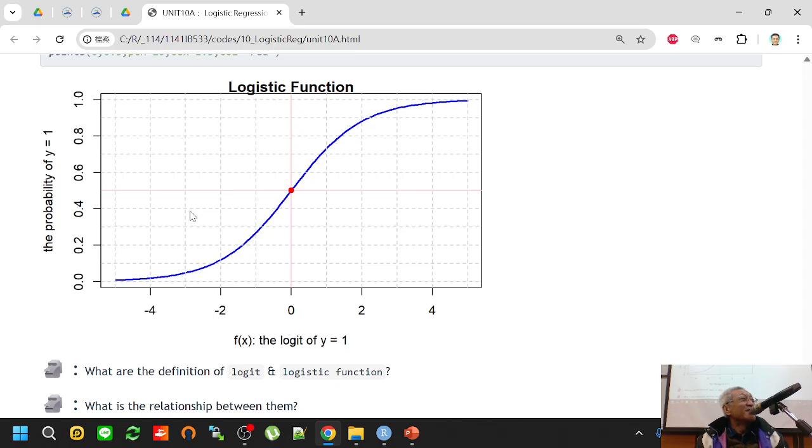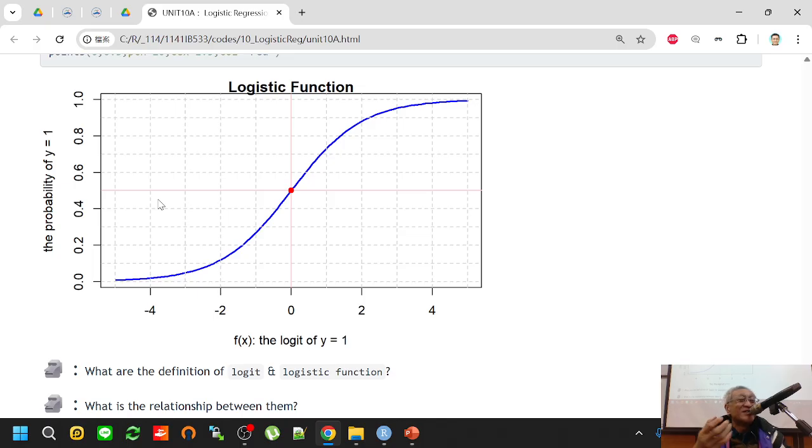When the logit equals 0, it means that R equals 1, isn't it? And when R equals 1, it means that P and 1 minus P are the same, right? So the probability equals 0.5.